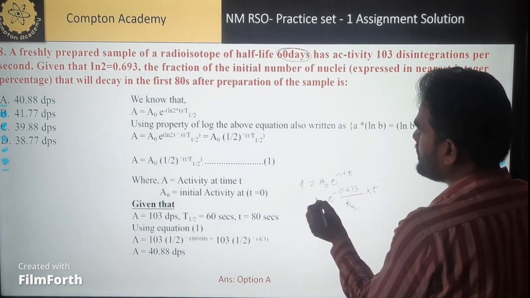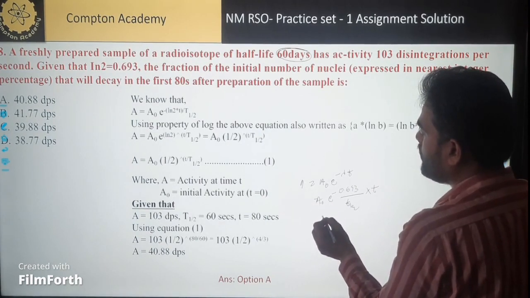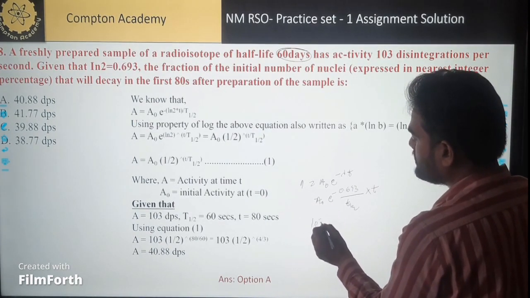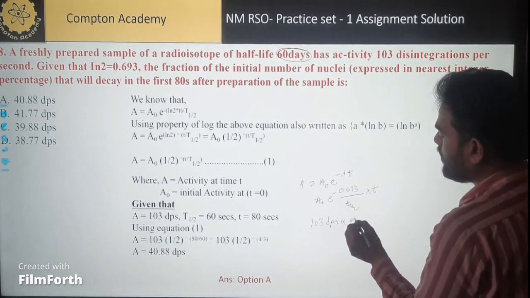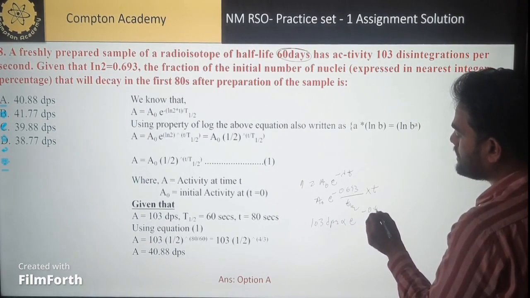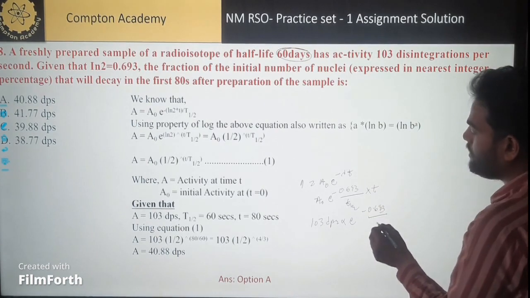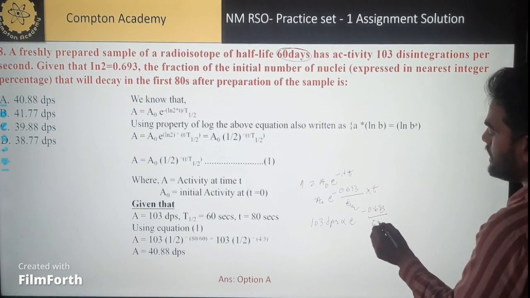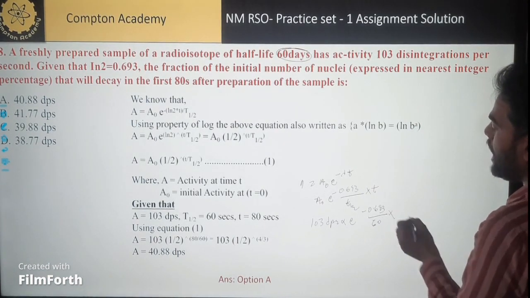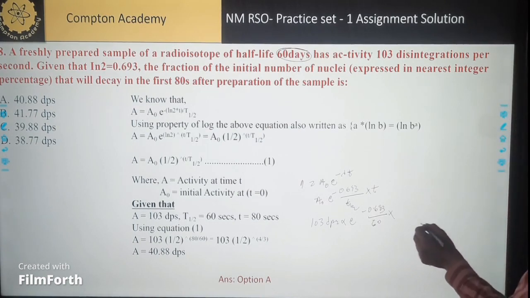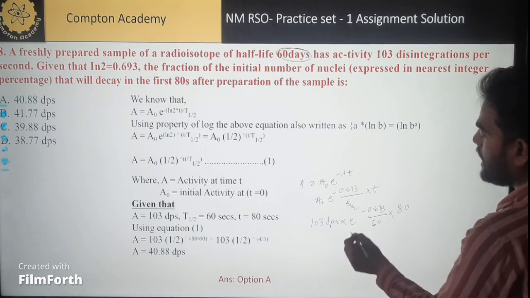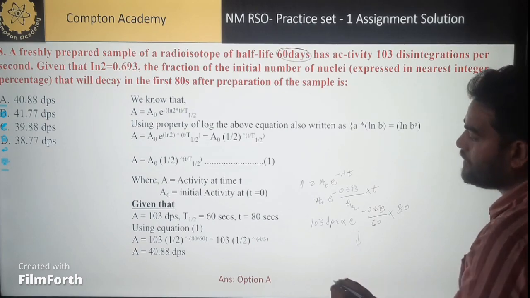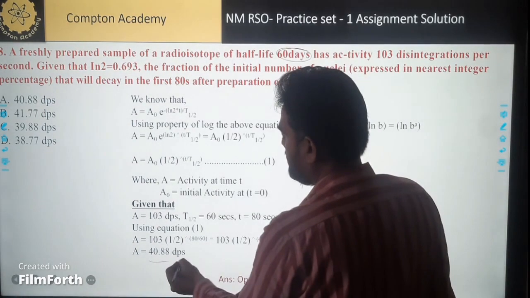So A naught is provided as 10^3 dps. So A naught, 10^3 dps, multiplied by e raised to power minus 0.693 divided by T half, which is 60 seconds, multiplied by t, which is 80 seconds. After the calculation of this, you will get the value of 40.88 dps.